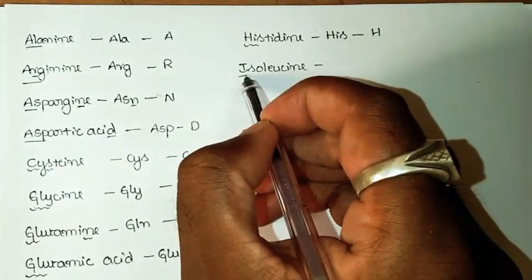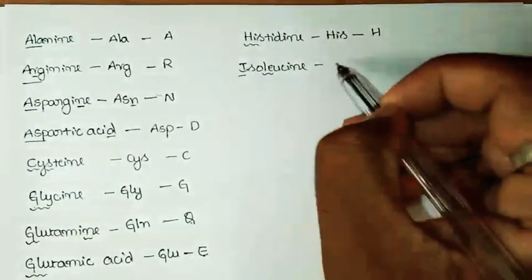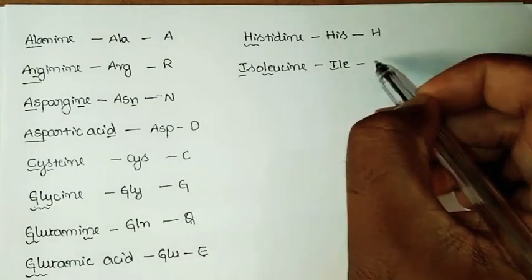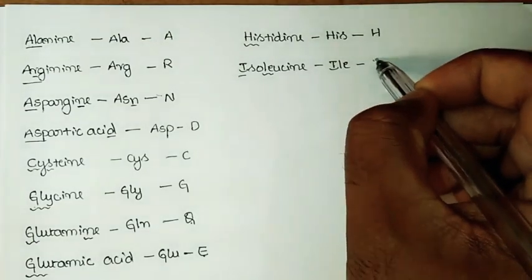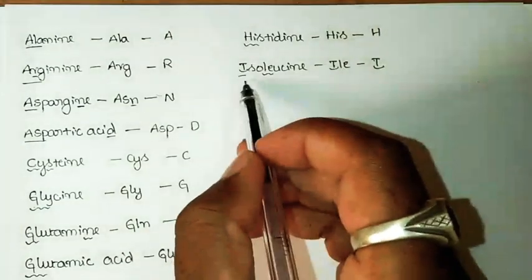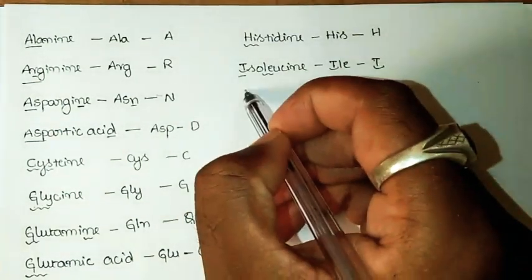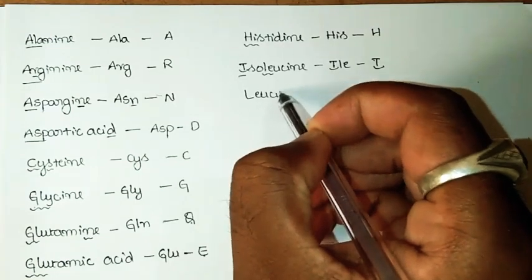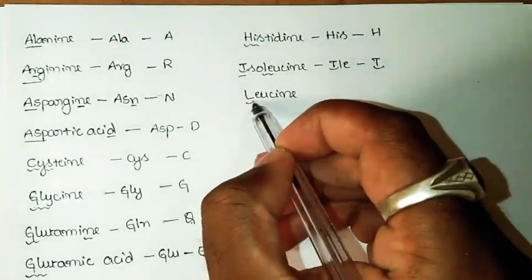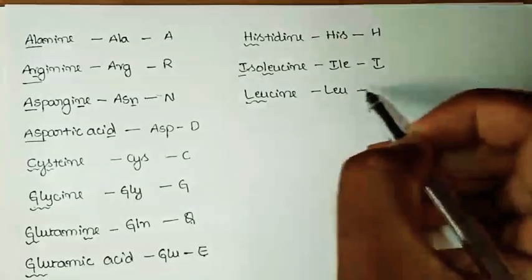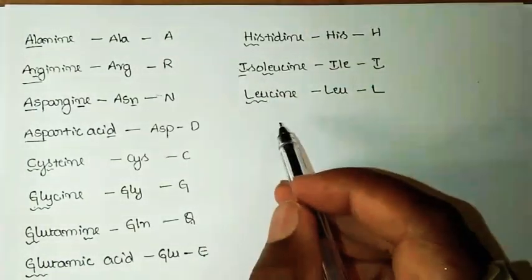The letters I, L, E will be taken to indicate isoleucine, and the first letter I will be taken for indicating the presence of isoleucine. So next it is leucine. The first three letters LEU will be taken, and the first letter L is the symbol for leucine.